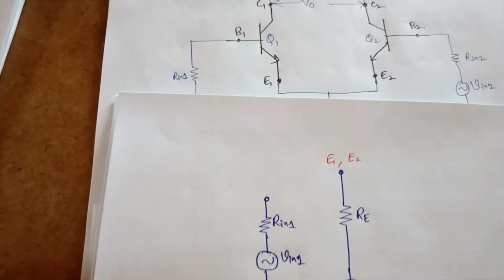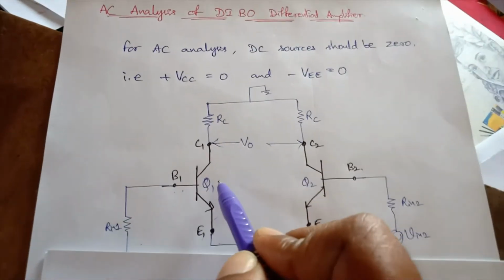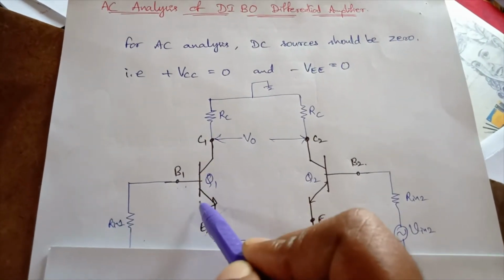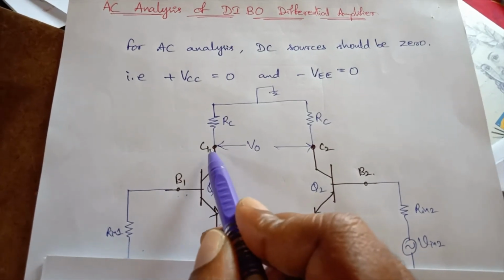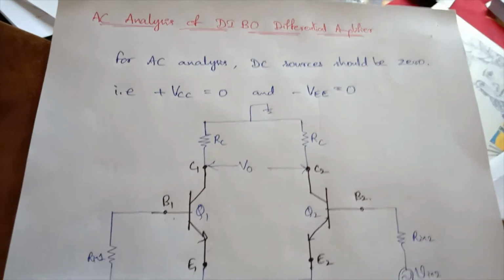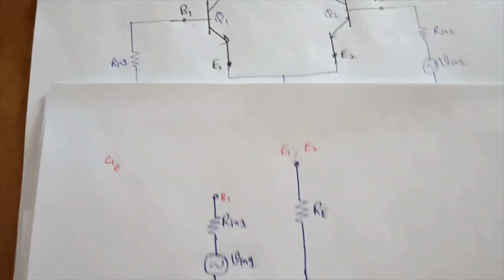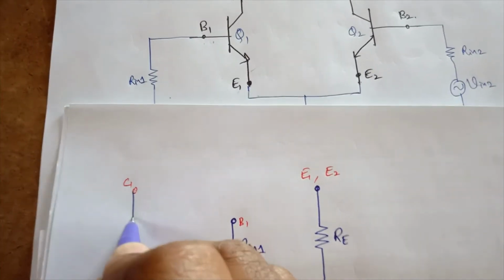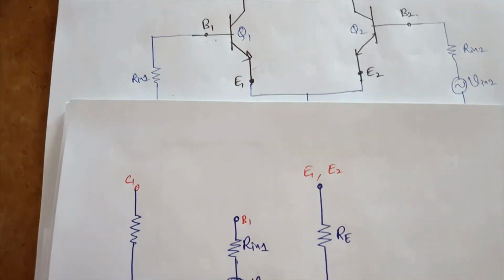So this is the base 1 terminal. Now I move to the collector. First I draw the circuit for Q1, then I move on to Q2. For Q1, at the collector terminal C1 we have a resistor to ground.